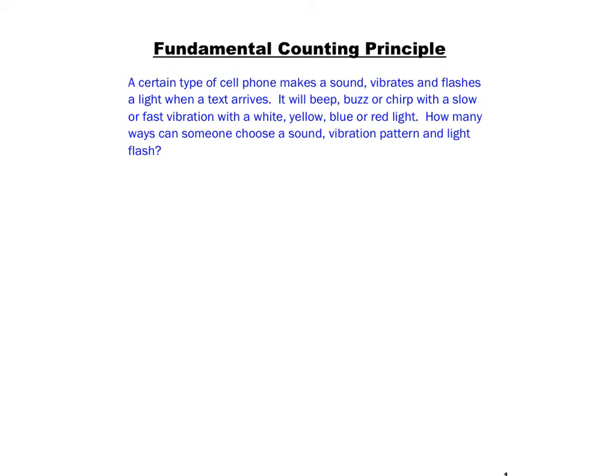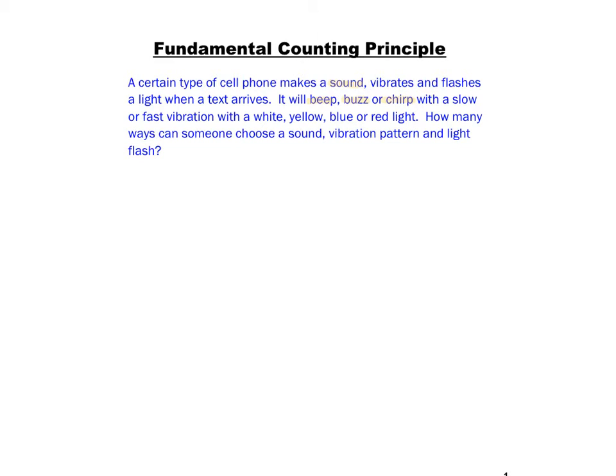A certain type of cell phone makes a sound, vibrates, and flashes a light when a text arrives. The sound could be, so we've got sound as the first thing, a beep, a buzz, or a chirp.